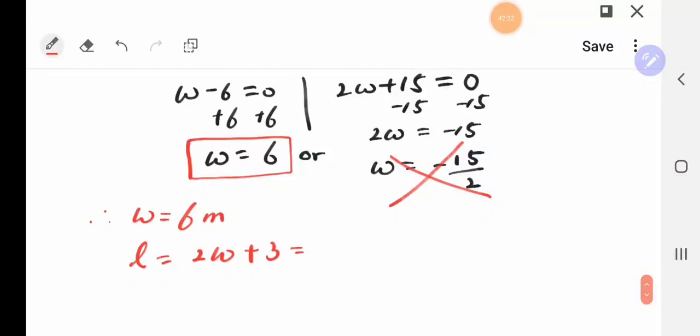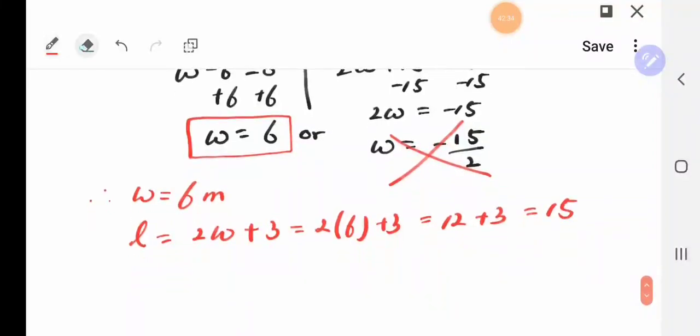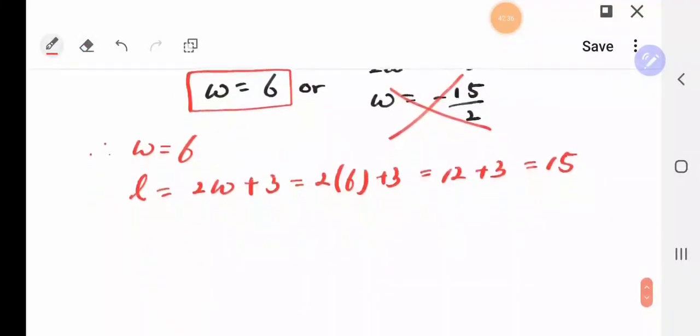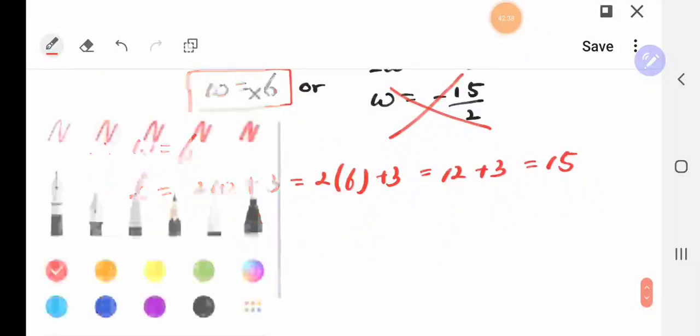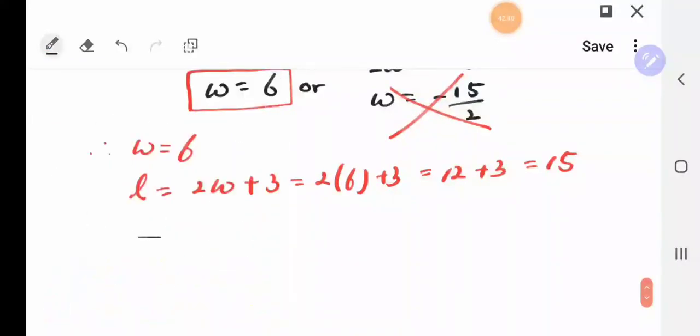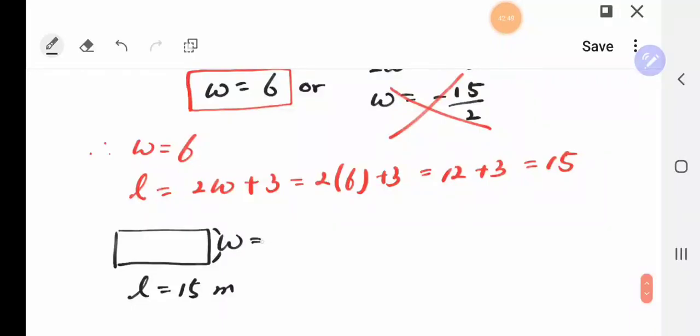So the length will be 2 times 6 plus 3, 12 plus 3, so that is 15. So the length is 15 meters, and the width is 6 meters. So that's the solution.